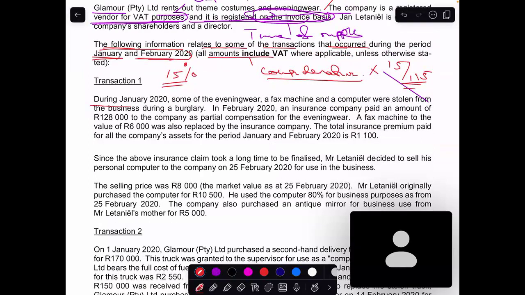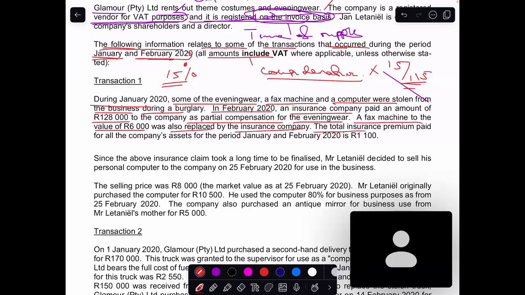They're saying to us during January 2020, some of the evening wear, a fax machine and the computer were stolen from the business during a burglary. In February 2020, an insurance company paid an amount of 128,000 to the company as a partial compensation for the evening wear. A fax machine to the value of 6,000 was also replaced by the insurance company.